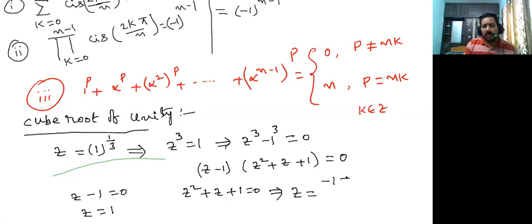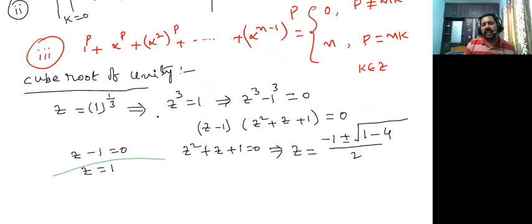Minus b plus or minus under root b square minus 4ac, divided by 2a. Under root 1 minus 4, root minus 3. Finally, directly I am writing minus 1 plus or minus i root 3 by 2.